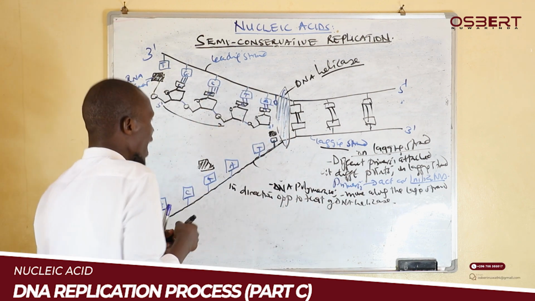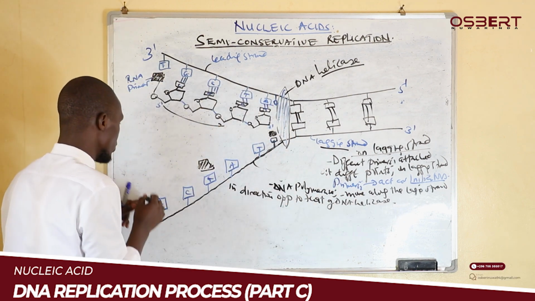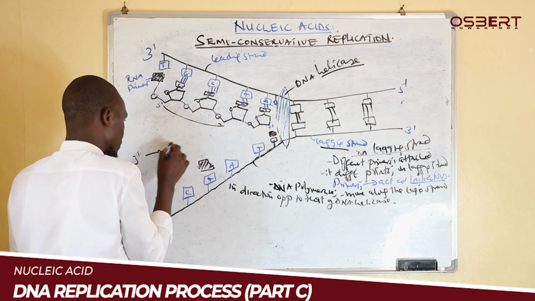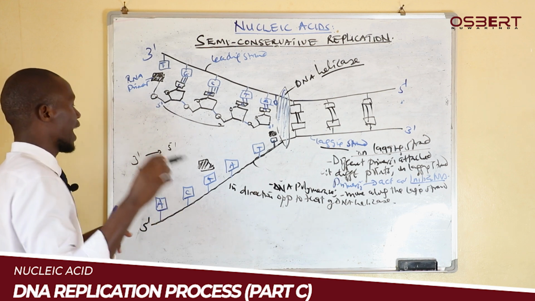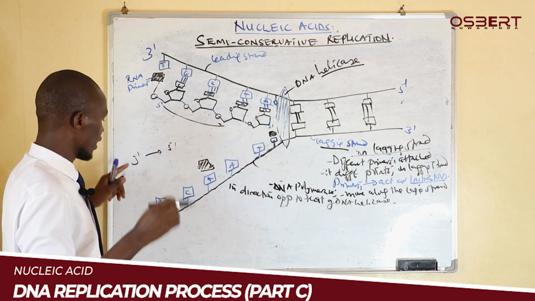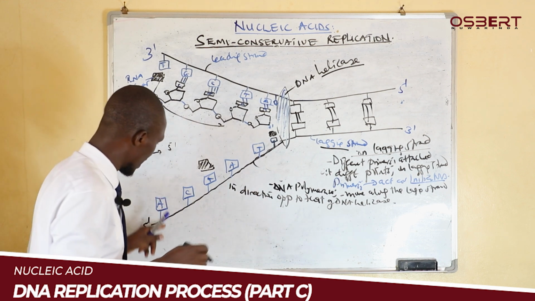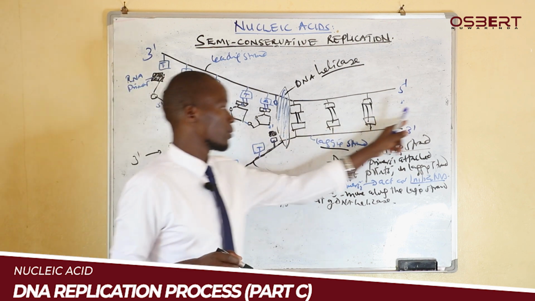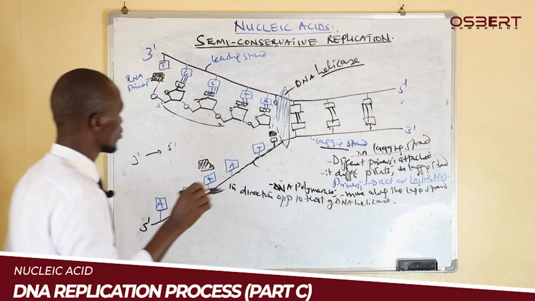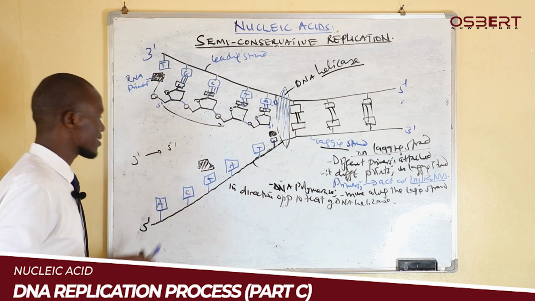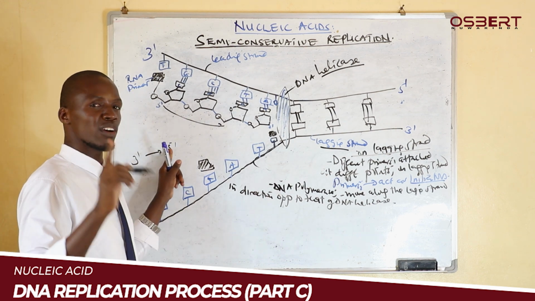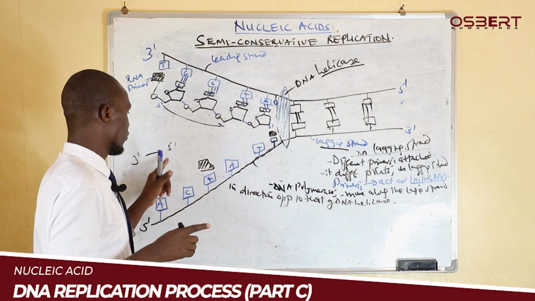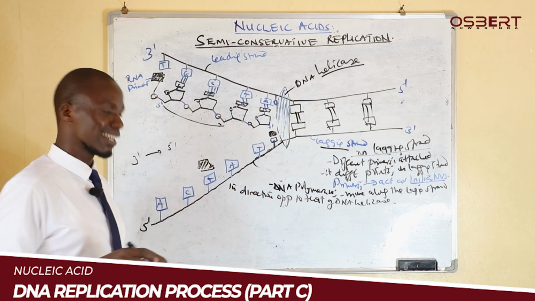Because remember, the strand which is supposed to be added onto the lagging strand must run in a 3 prime to 5 prime direction. But remember, I have told you that DNA polymerase works in a 5 prime to 3 prime direction. I am repeating this for a purpose.